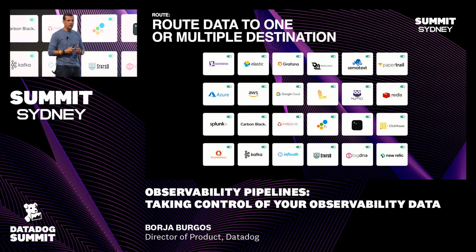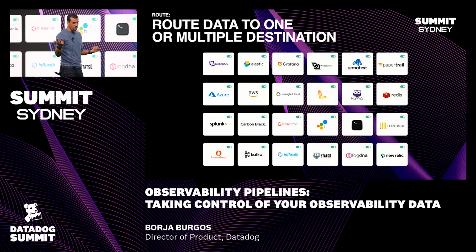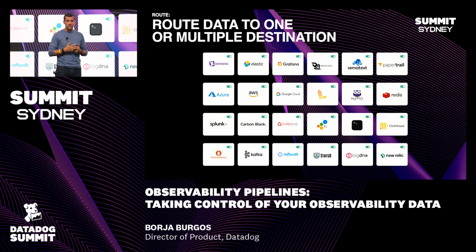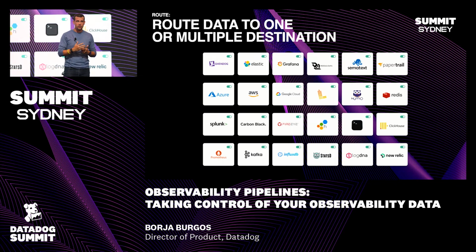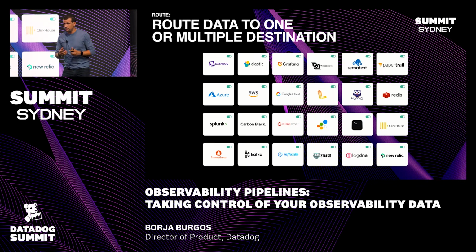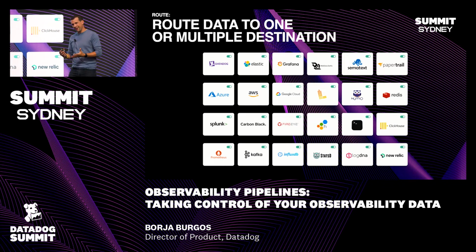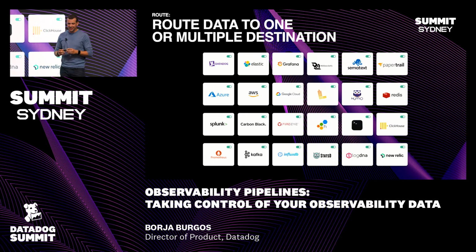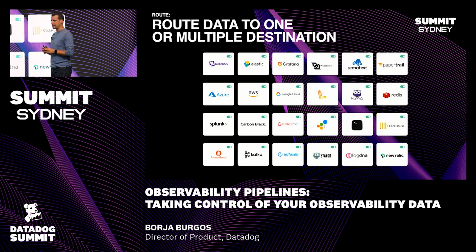So more likely than not, that's going to be logging, monitoring, and tracing solutions like Datadog, security tools like SIEM vendors, archiving tools, your S3s, your Google Cloud Storage, your Azure Blob, I think they call it, event streaming, your Kafkas, your RabbitMQs of the world, data warehouses, your Snowflakes and Redshifts of the world, and also local monitoring services like Prometheus or Elastic that you may be using.